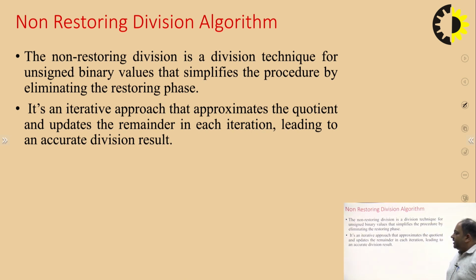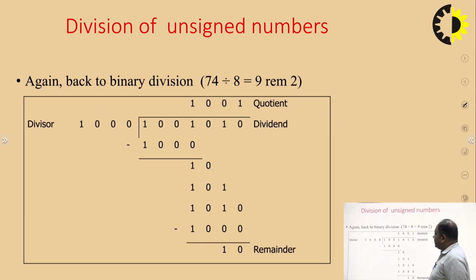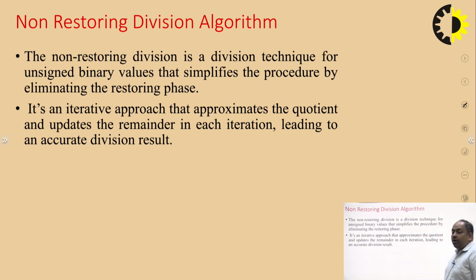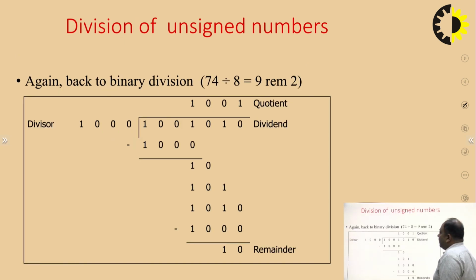In one of my previous lectures, I discussed the restoring division algorithm, how it works and how we reach the final quotient and remainder, not using a division basically, but using addition and subtraction of binary numbers. Through this algorithm we will not use the binary division; we do it by using addition and subtraction between the divisor and dividend.